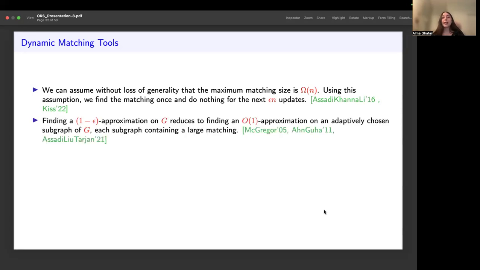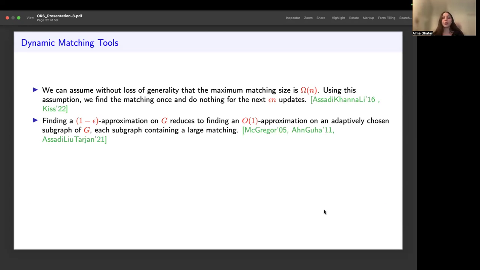The second one is that for solving a 1 minus epsilon approximation, this actually reduces to finding a constant approximation on some queried subgraph of G, such that each subgraph contains a large matching. So we are given some subgraphs that we have to find a constant approximation for each of those, and these subgraphs are chosen by another algorithm.